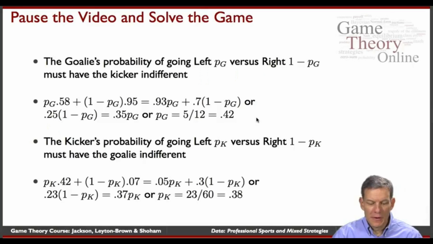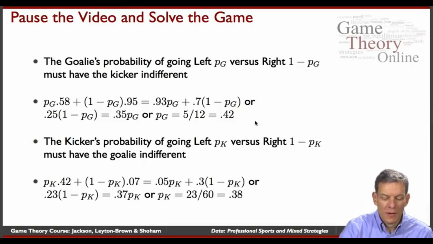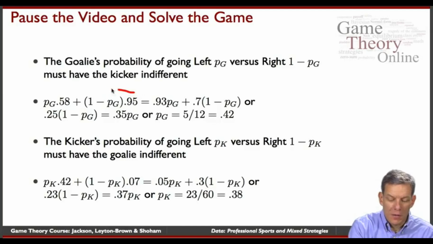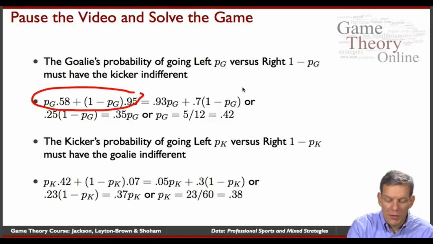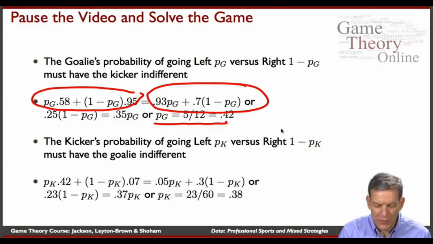So in particular, the goalie's probability of going left versus right must have the kicker indifferent. So the kicker's payoff from going left compared to their payoff from going right has to be the same. You solve that out, and what do you end up with? P sub G is roughly 5/12 in this case, or 0.42.